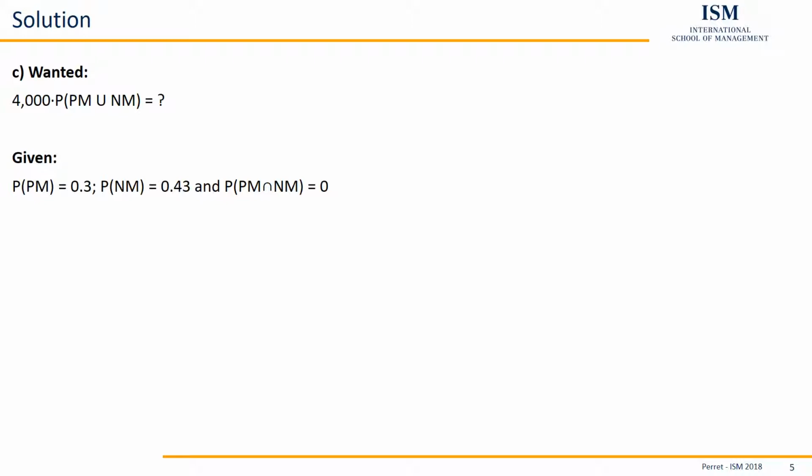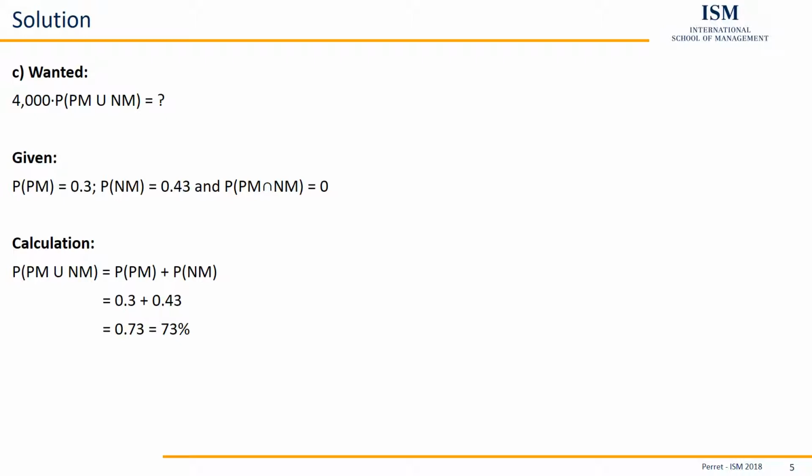Then we can just use the formula for the probability of unions, which is here P of PM and NM. This is just the probability of PM plus the probability of NM. So we just have to calculate 0.3 plus 0.43, giving us a general probability of 73%.